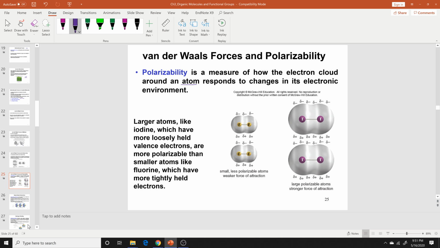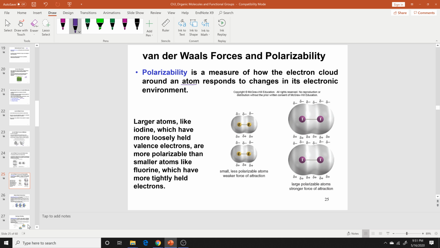So the valence electrons are loosely held. When they are loosely held, they are more polarizable than small atoms like fluorine, which has its valence electrons closer to the nucleus. And this is the idea of polarizability.